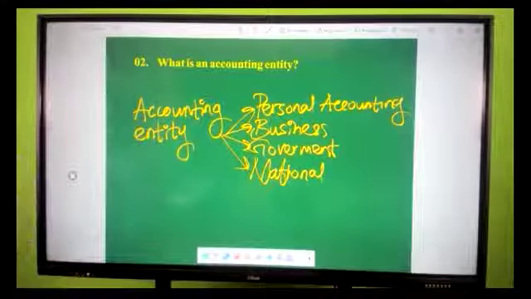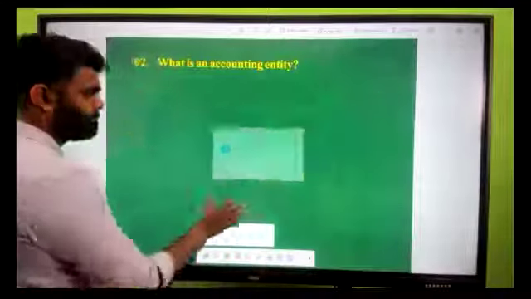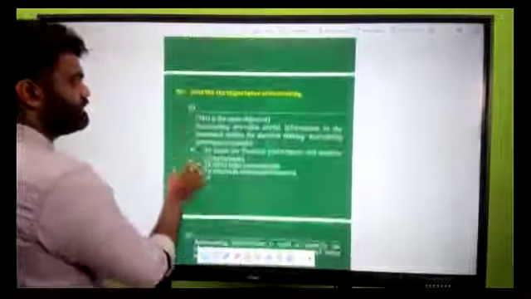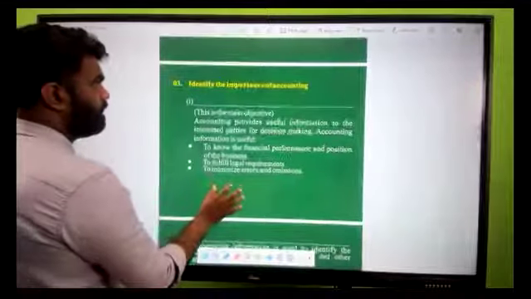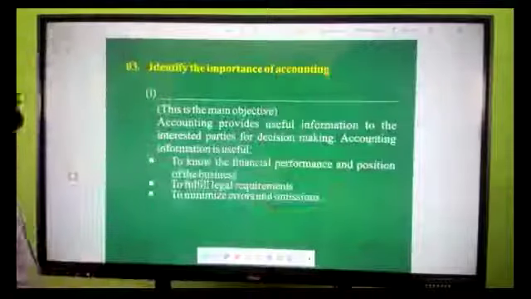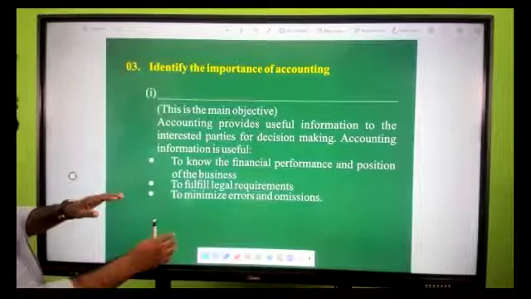Right, let's go for question number 3. Identify the importance of accounting. You know that there are 3 basic importances, right?